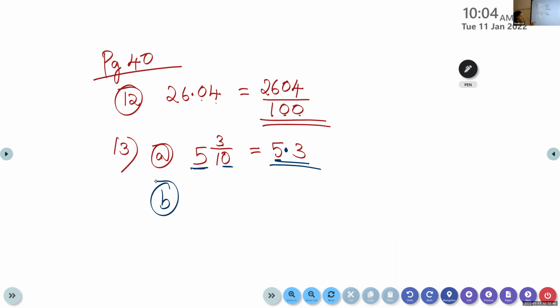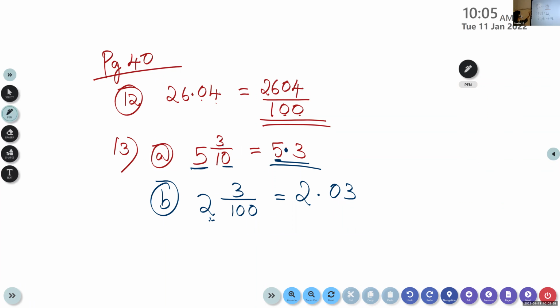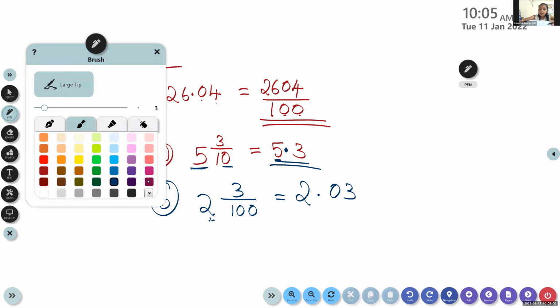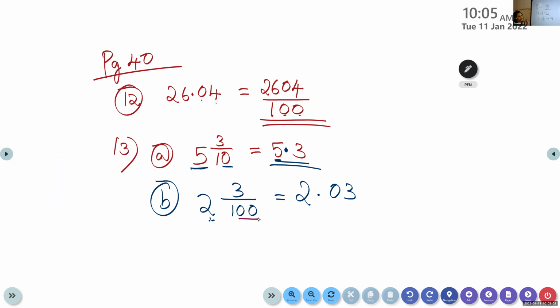Here we have 2 and 3 by 100. Here also we can write the integral part. After the integral part, what do we have to do? 2.03. Very good. Why children, here 0? Because there are 2 zeros in the denominator, but here we have only one number.